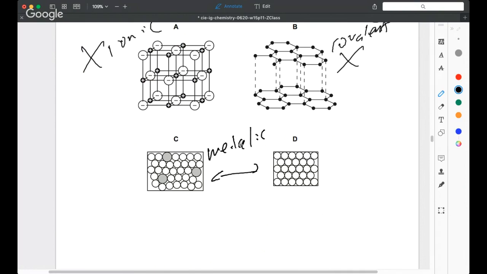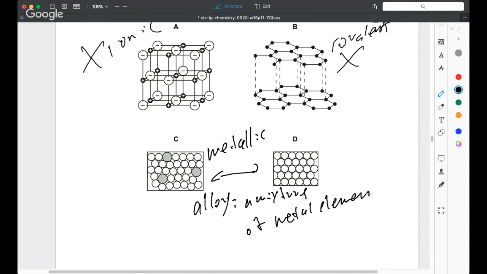And the second thing of alloy, you have a mixture of metal elements. From the systematic drawing here, D seems like it only has 1 element, but C, you have 2 different types of atoms. So it has a mixture of elements. That's an alloy.